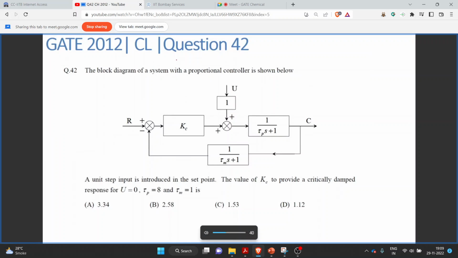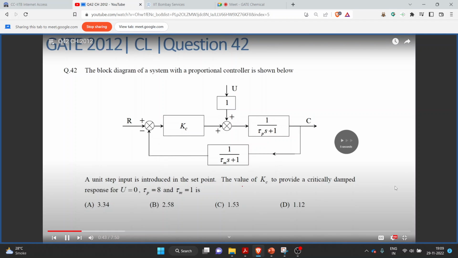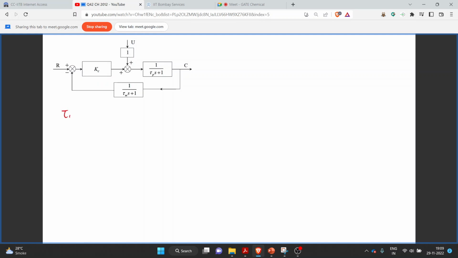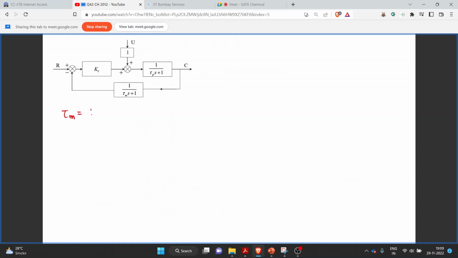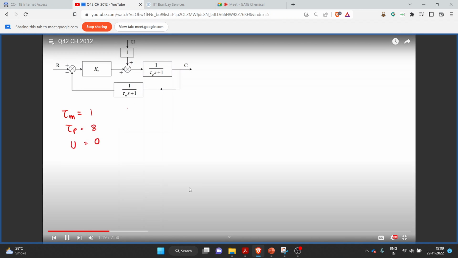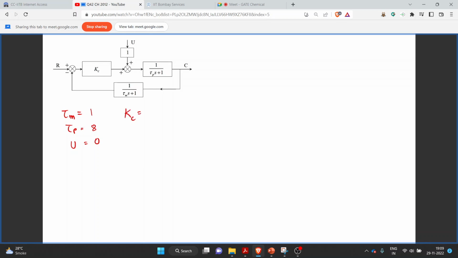Hello everyone, we are solving question 42 of the GATE 2012 chemical engineering paper. In this given question we have been given the value of tau m as 1, the value of tau p as 8 and the value of u as 0, and we have to find the controller gain Kc for the proportional controller for a critically damped system.